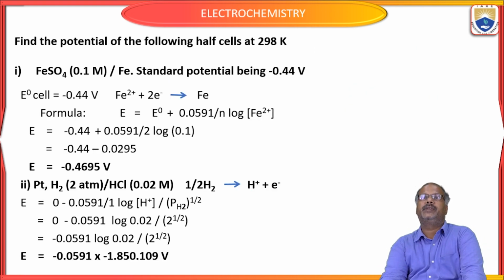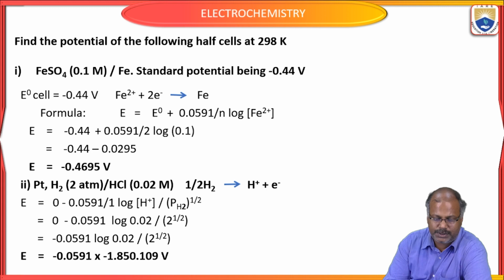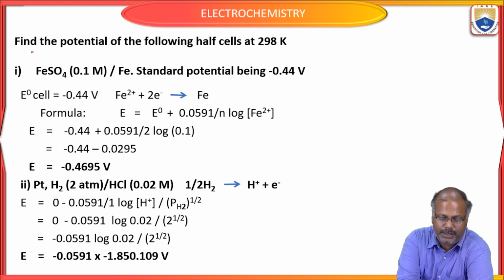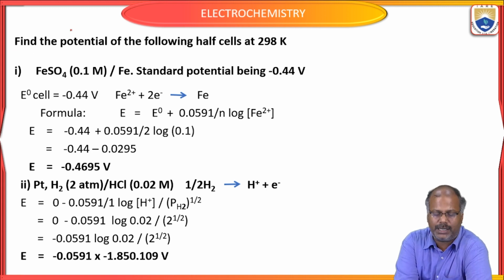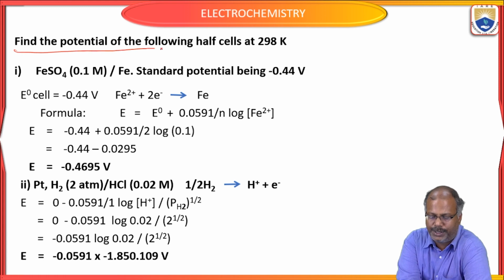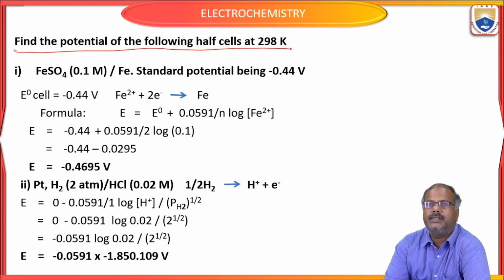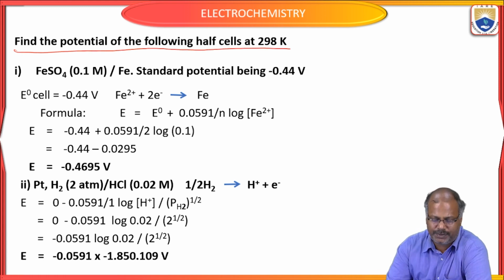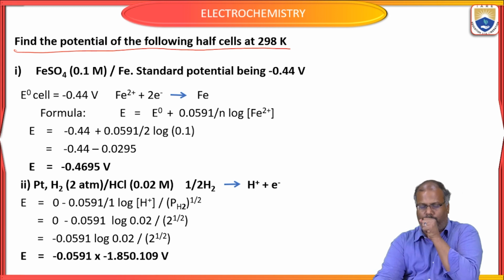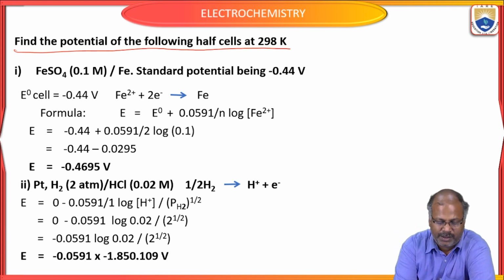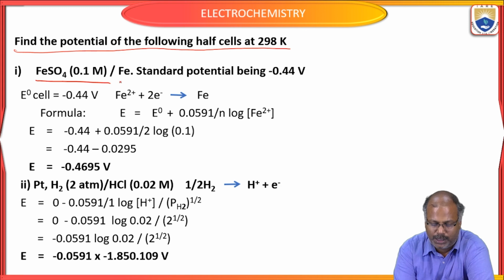Next, we have to find the electrode potential of the following half cells at 298 Kelvin. First one: ferrous sulfate, 0.1 molar, with Fe.